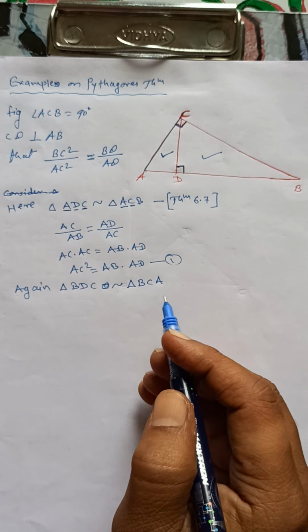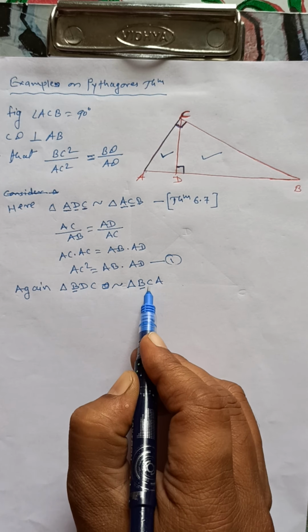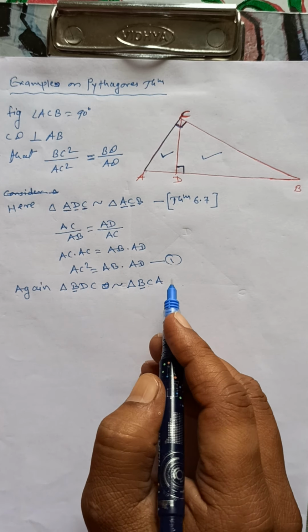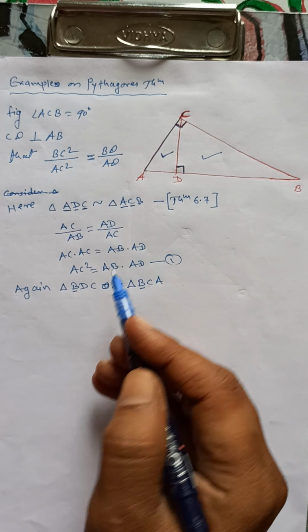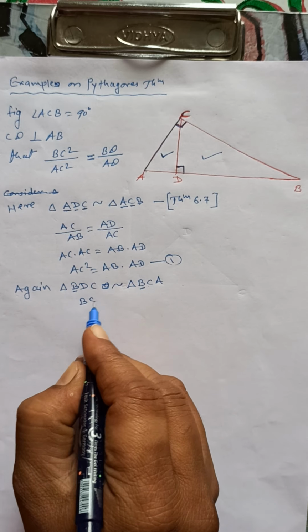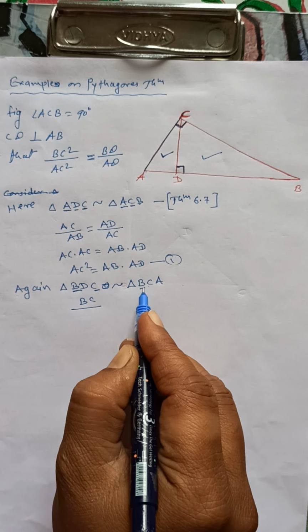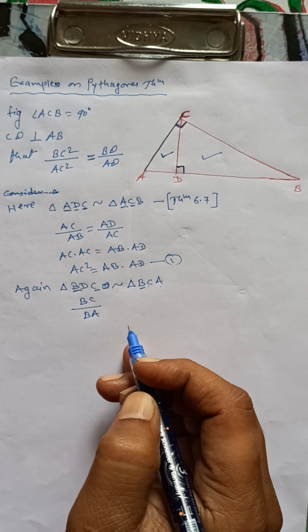BCA. Now check the one-to-one correspondence. B is equal to B, D is 90 degree, C is 90 degree. No problem. Now AC square I got. I want BC square. So I will take BC square. BC is here. So BC upon first and last, BA.